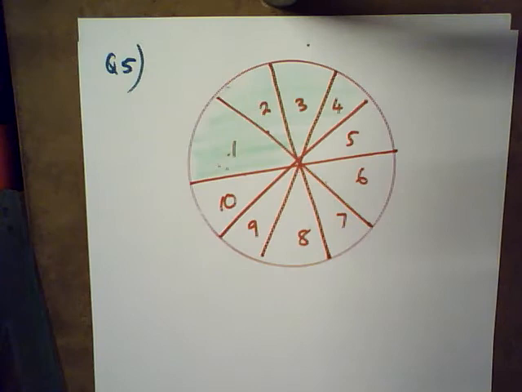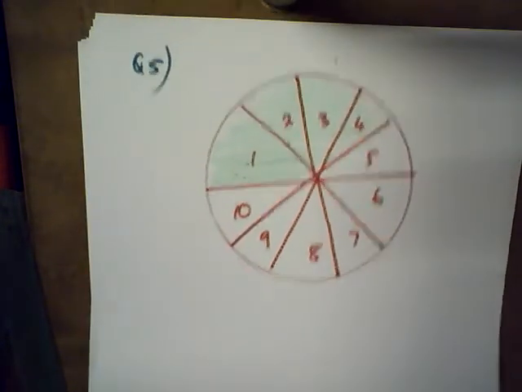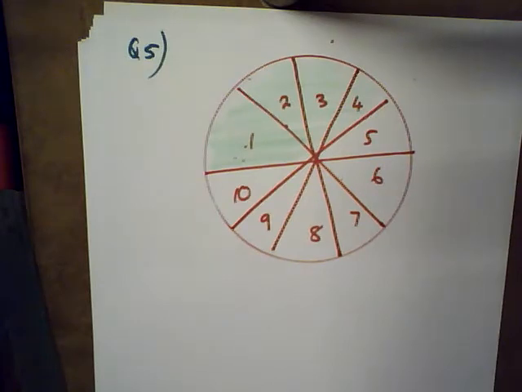Okay, A. The wheel is spun once so that one sector is selected. Find the probability that the number of the sector is an even number. Okay, so maybe we'll use a different sheet of paper so that we can change it around.